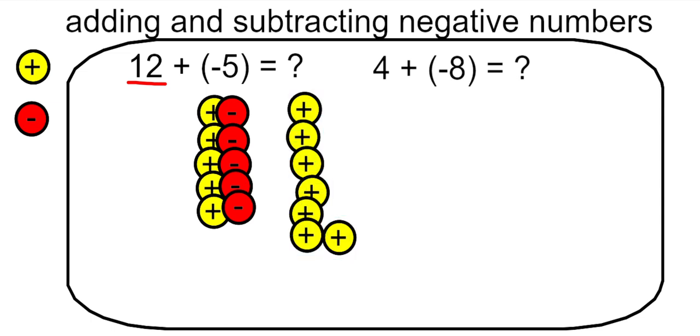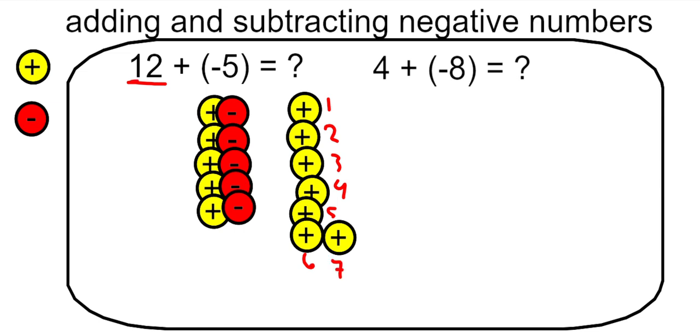What am I left with on this side now? Because I've paired all of my positives and negatives to make zeros, now I'm left with how many positives? Let's count them. I've got 1, 2, 3, 4, 5, 6, and 7.